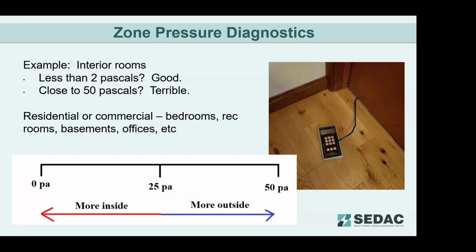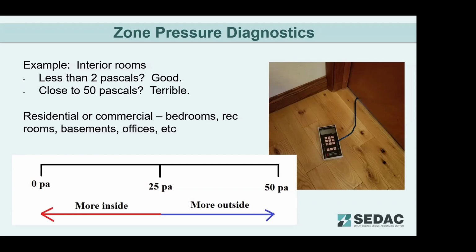It may simply be that a window was left open. Close the window, retest, and you're going to see the number drop immediately. If you're testing an area that's not part of the thermal envelope, let's say an attached garage, that number should be on the opposite side of the scale.